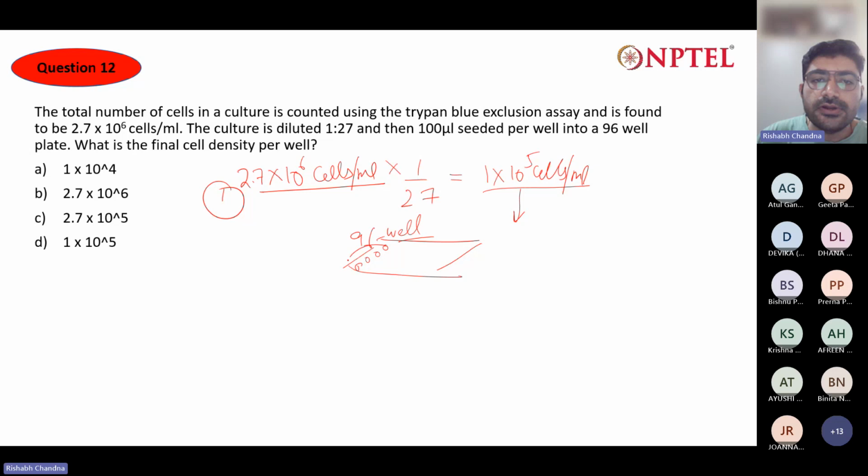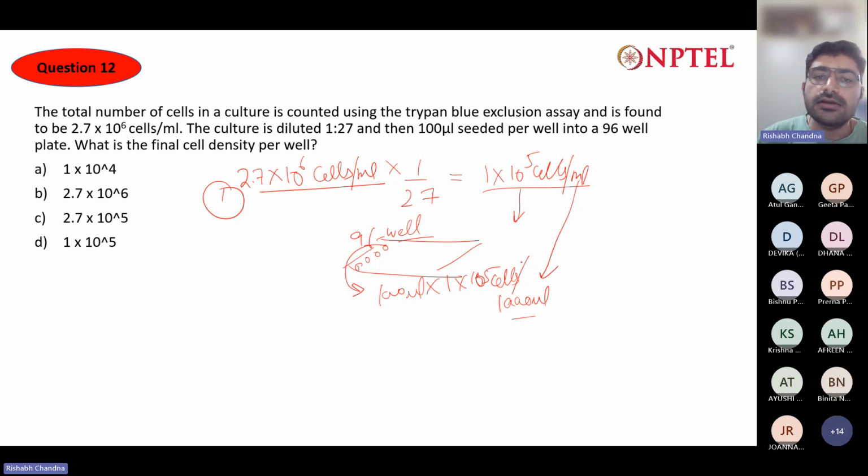So for this well that we added 100 microliters, so 100 microliters into 10 to the power 5 cells that we had in 1000 microliters. Okay, so 1 ml is equal to 1000 microliters.